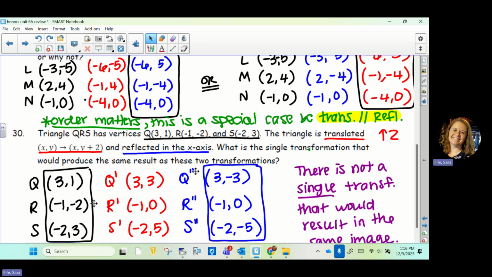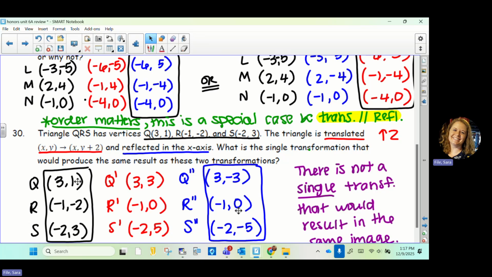Well, the X stayed the same. The Y, I could subtract 4, right? And that would be a single transformation to get from here to here. But then when I check to see that's the same for R, if I did subtract 4 from the Y, does that get me 0? No. So that doesn't work.